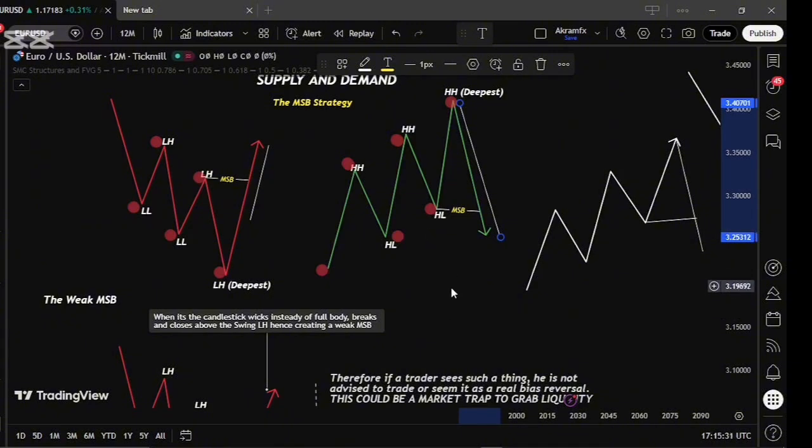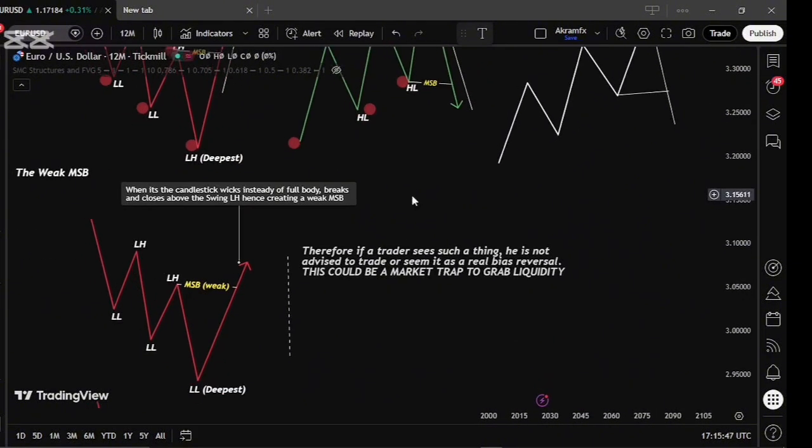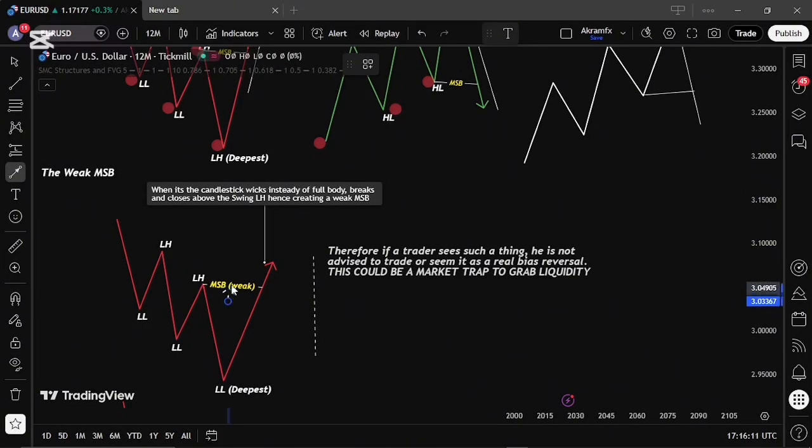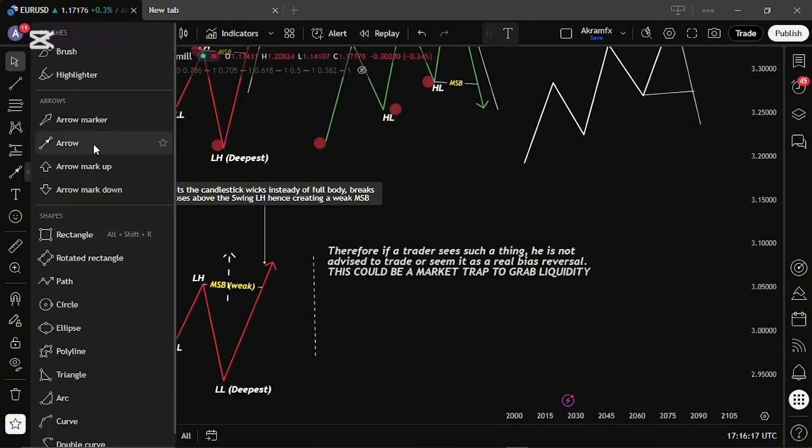Now we also have a strong market structure break, one that breaks with momentum completely, and then we have a weak market structure break. What is a weak market structure break? You have two scenarios. In one scenario, the candlestick wicks are the ones breaking above, while the bodies stay below.